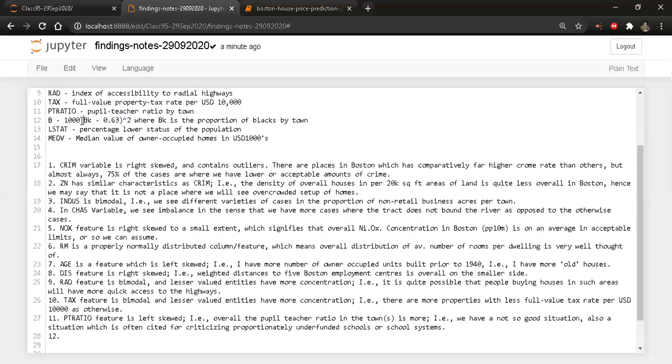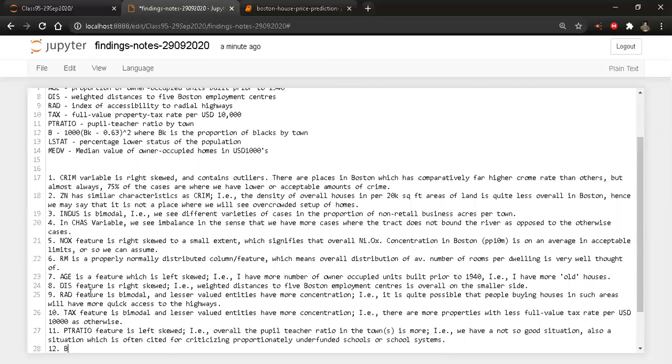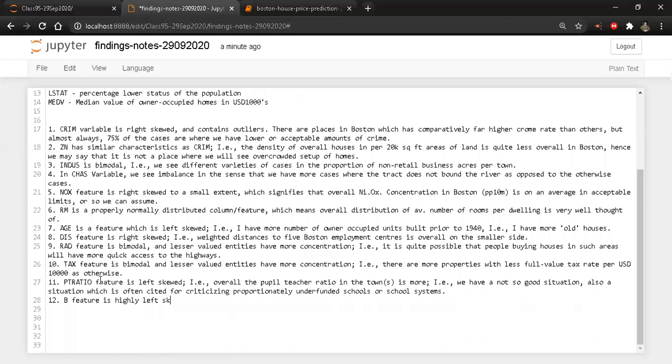If this value is high, obviously its square is also going to get high. I multiply it by 1000, that's also higher, right? So higher B means higher concentration of blacks by town. Okay, so I can say, although I'm not trying to discriminate anybody by their color, B feature is highly left skewed.